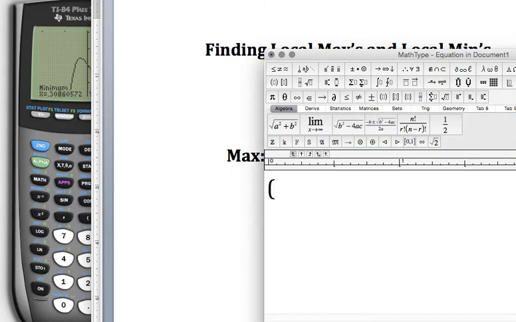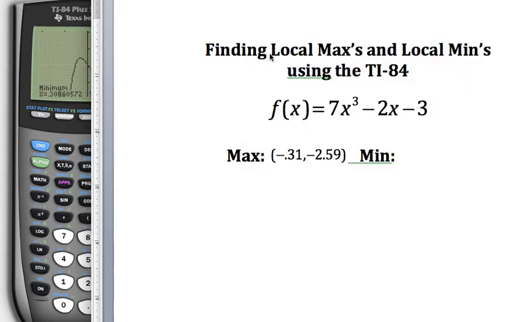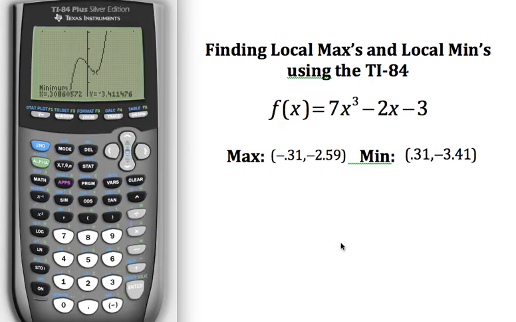So 0.3, and if I round, that'd be a 1, and then let's go back and look at that y value. It looked like negative 3.41. So negative 3.41. Let's enlarge that so we can see it a little bit better. There I have the local max and min listed as ordered pairs.